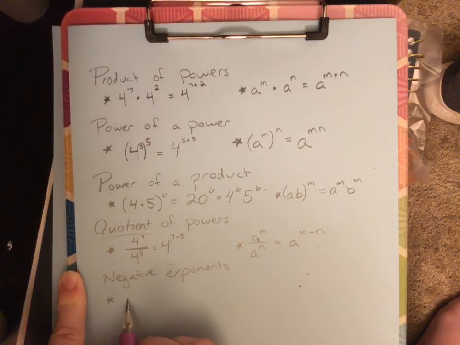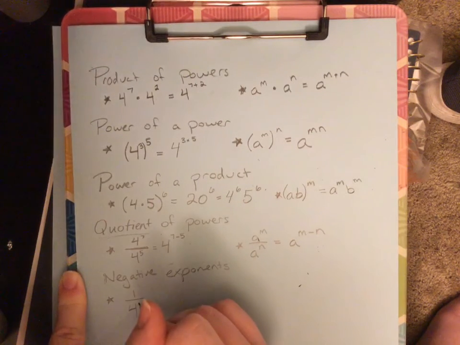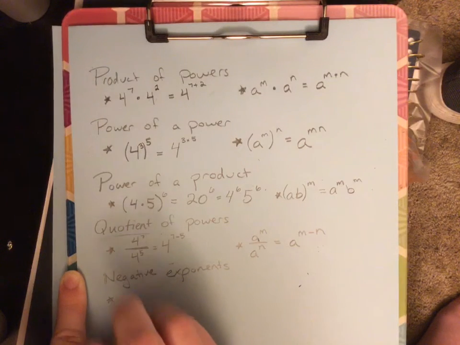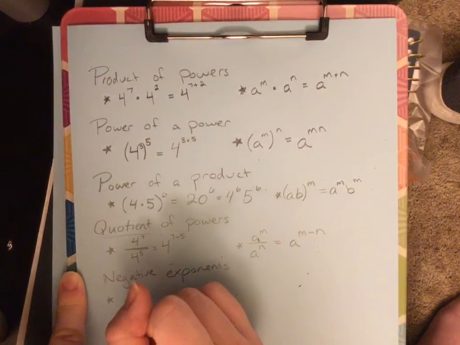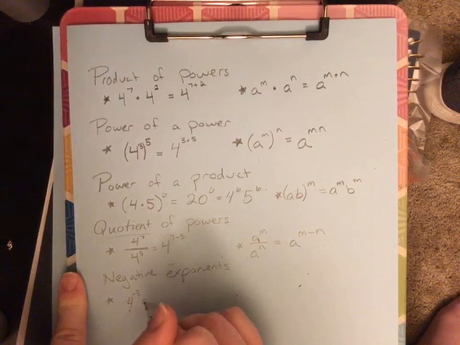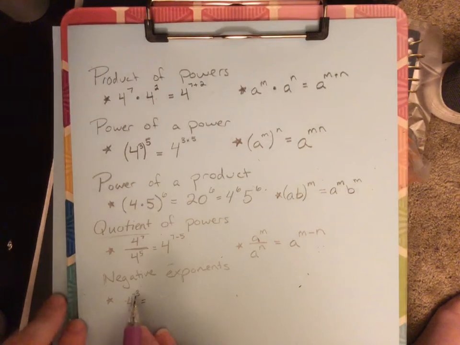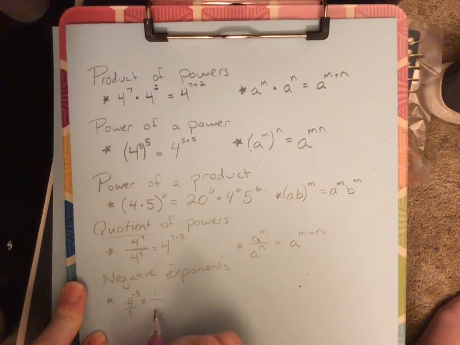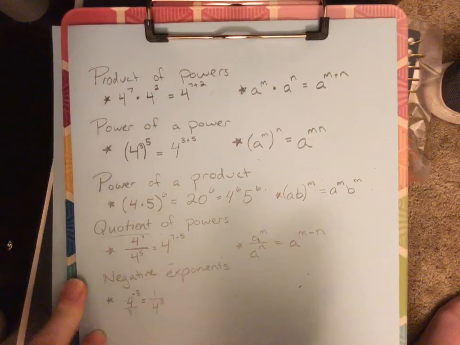If I have 4 to the negative 3, I have to flip this from 4 over 1 to 1 over 4 to the third power.